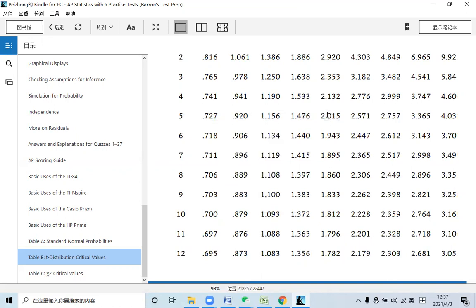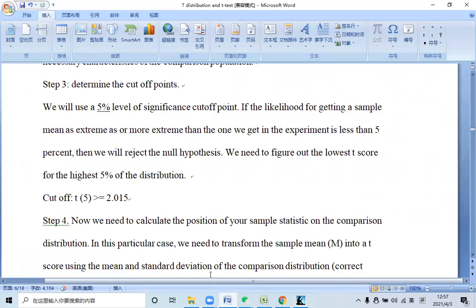That is the t-score you need to get in order to reject the null hypothesis. You need a t-score that is equal to or larger than 2.015 to reject the null hypothesis. See here, this is the cutoff.